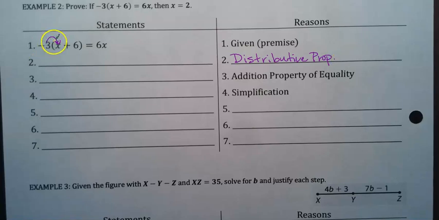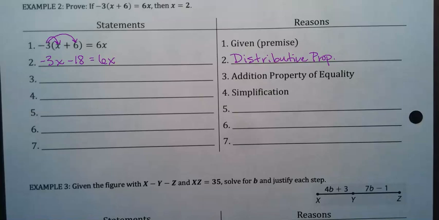And that means we're going to have negative 3x. Negative 3 times a positive 6 is going to give me negative 18. And that's going to equal 6x. Ta-da! All right. So on the next one, what would you do next? And it says you're going to use the addition property of equality.